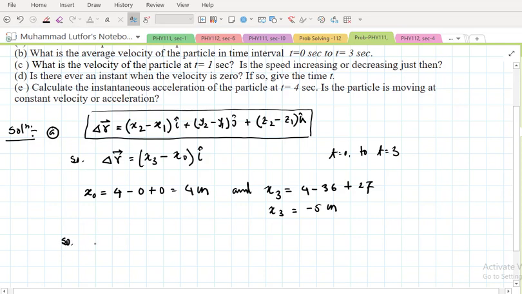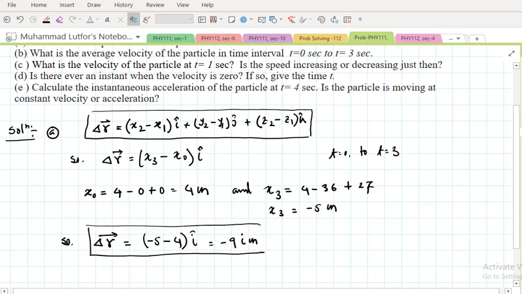The displacement is a vector, but the distance is a scalar. So displacement del r would be (minus 5 minus 4) i hat, which is minus 9 i hat meters. This is the displacement between time t equal to 0 second to t equal to 3 seconds, the answer of the first question.